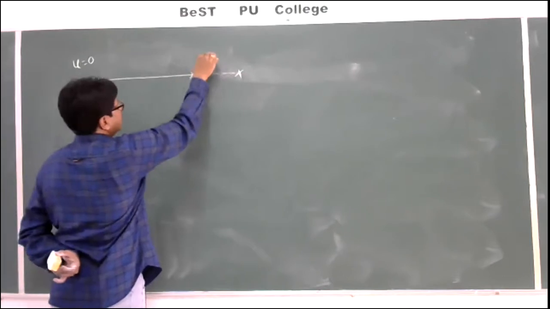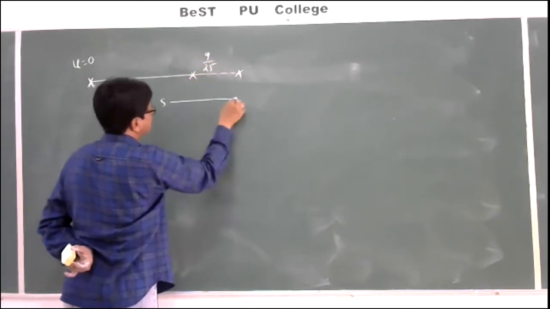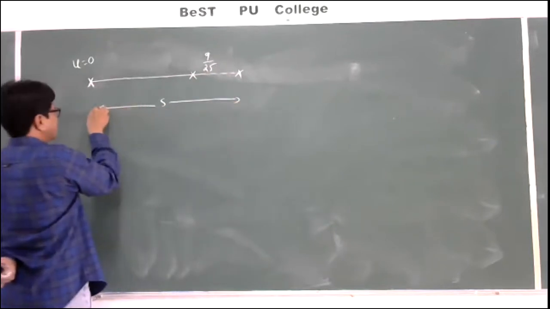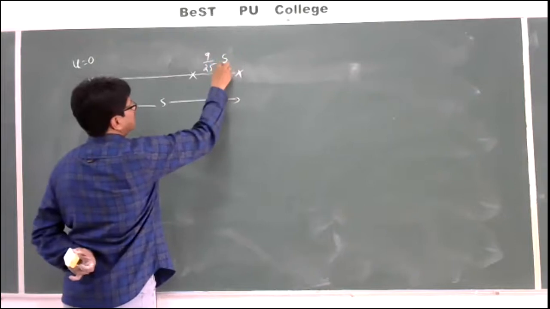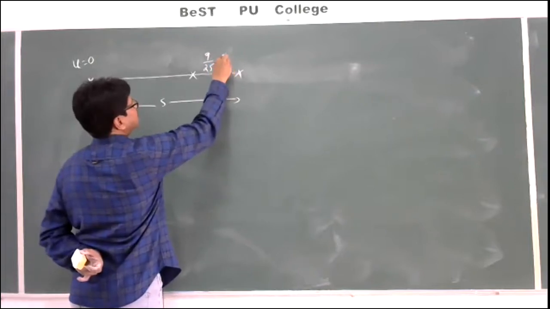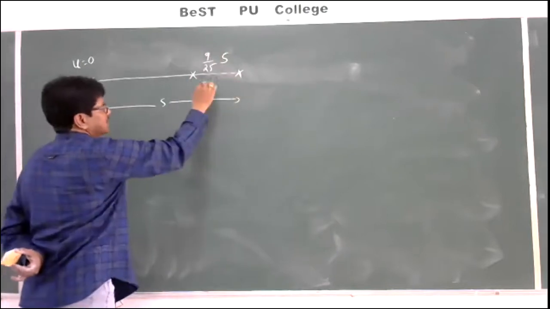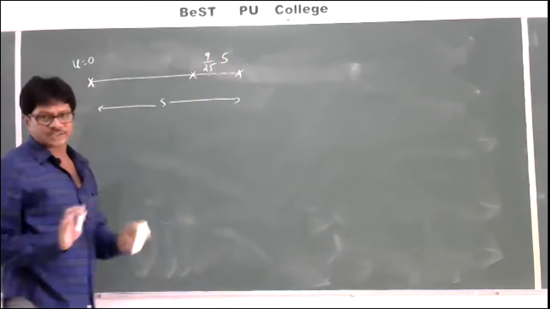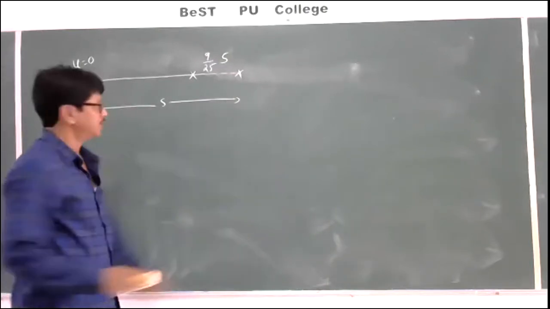If the total distance is S, it travels 9/25 of the total distance in the last second. So he is asking us to find what is the total duration.